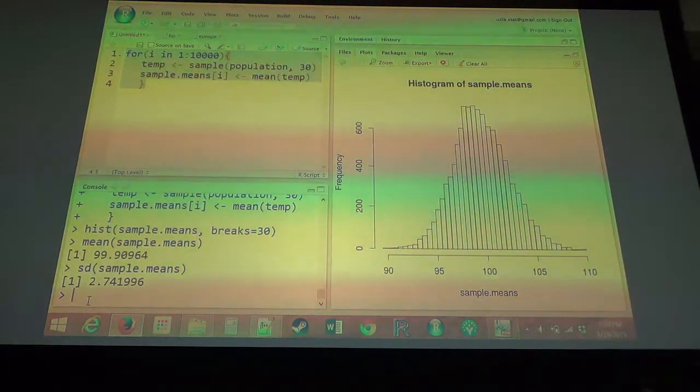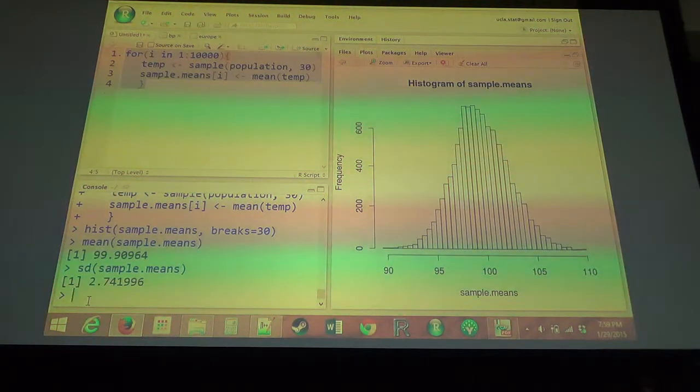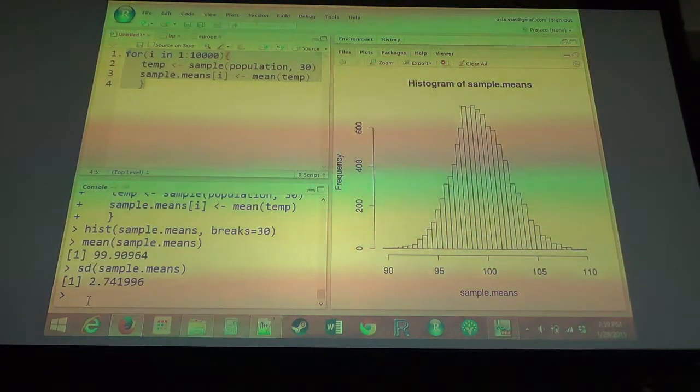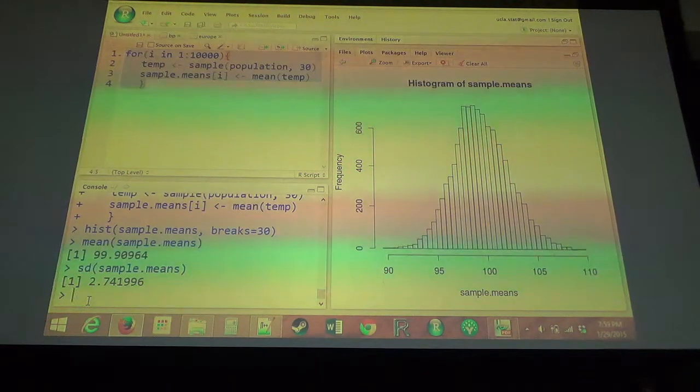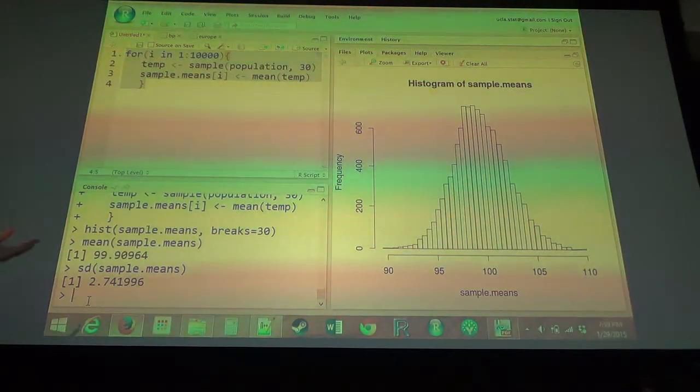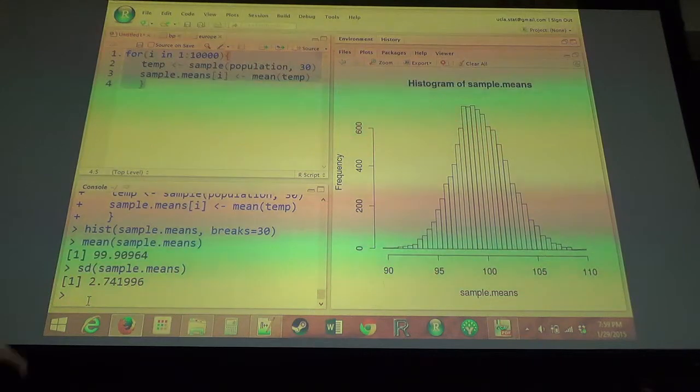Or if I'm selecting 30 people, it becomes even more unlikely for us to get a sample where all 30 randomly selected people have a very high average IQ. Okay, and that's what we're seeing here.